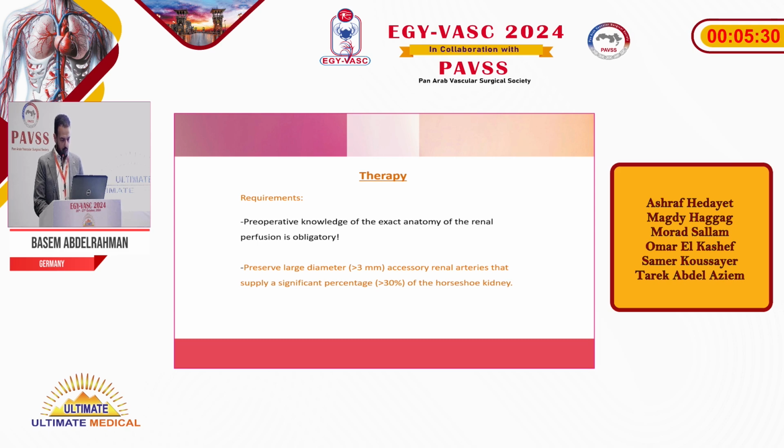We have multiple options for management of such cases, but before all, we should have good knowledge of the exact anatomy of the renal perfusion, and keep in mind to preserve the large diameter accessory renal arteries that supply a significant percentage, more than 30%, of the kidney.